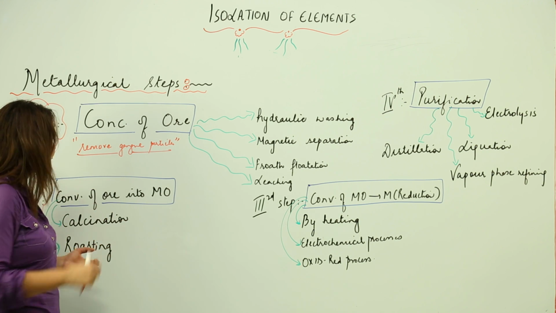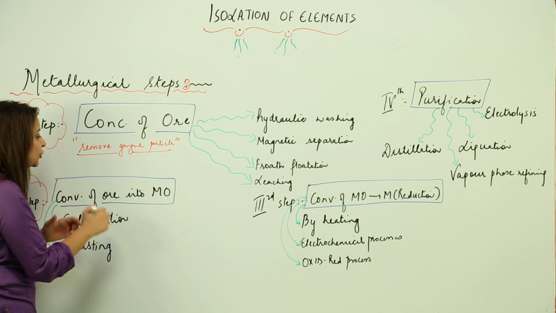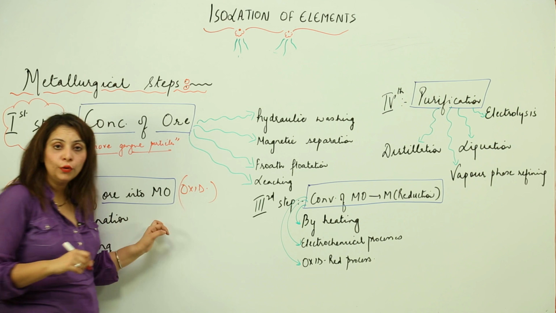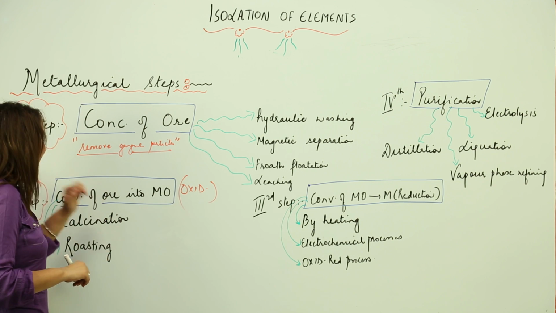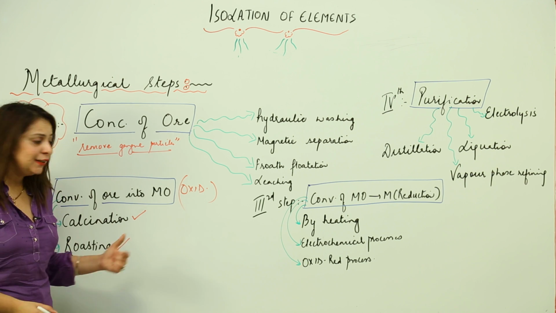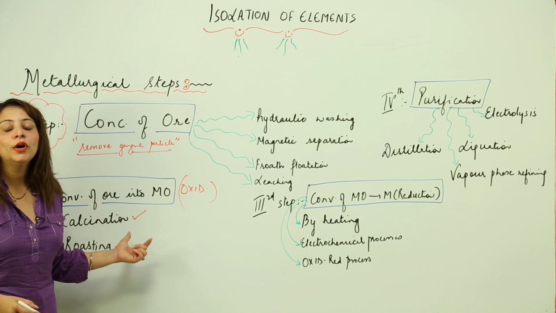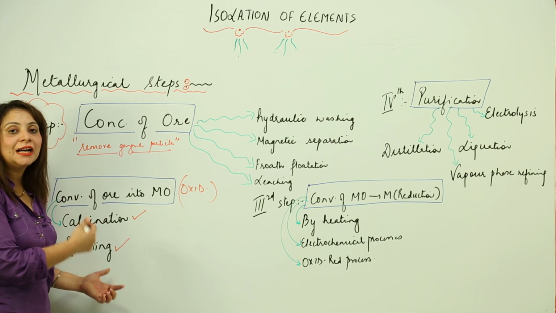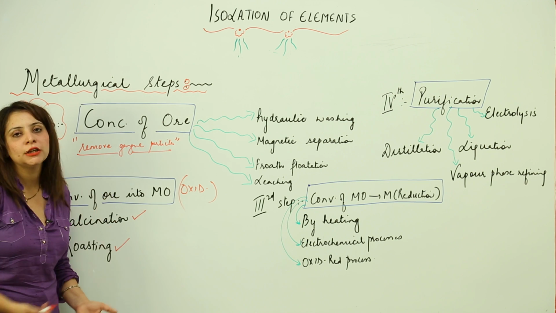Basically this conversion is called oxidation, because we are converting the ore into metal oxide. We can do it by calcination or by roasting. We'll take up later what these processes are that result in the conversion of ore into metal oxide.